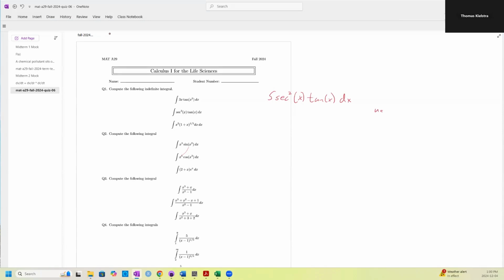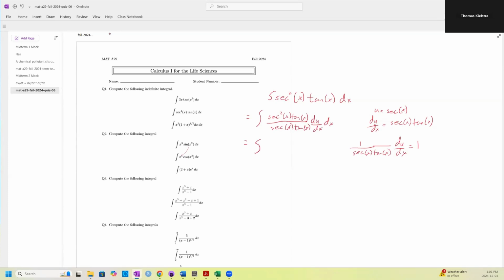So u equals, we're going to start with secant x. Because u equals secant x, du by dx equals secant x tan x, or 1 over secant x tan x du by dx equals 1. Introducing this in, we get the integral of secant squared x tan x divided by secant x tan x du by dx dx.